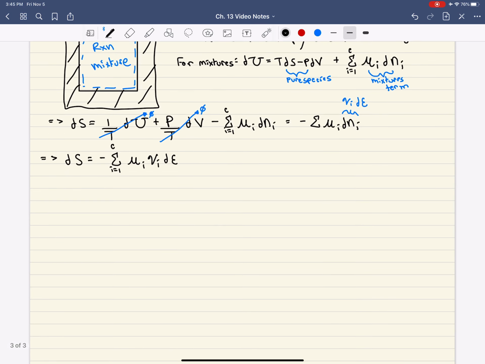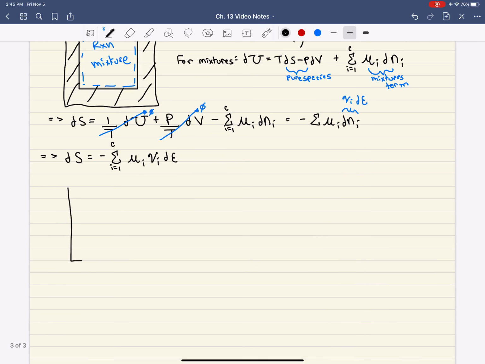And so if we kind of sketch out how entropy should change with epsilon, in order for it to reach equilibrium, the system has to reach some sort of maximum at some particular value of epsilon, right?